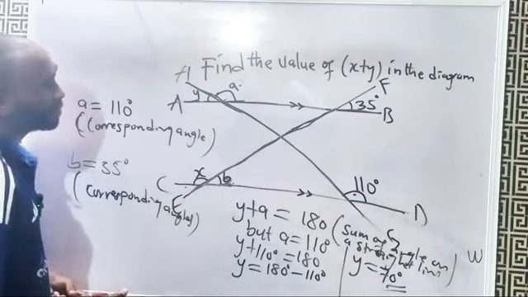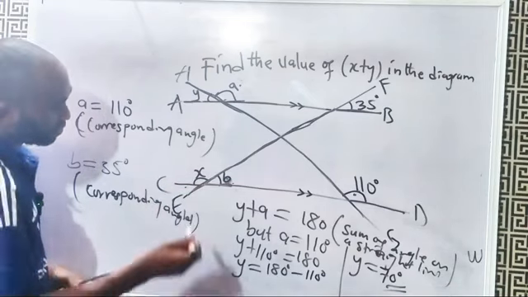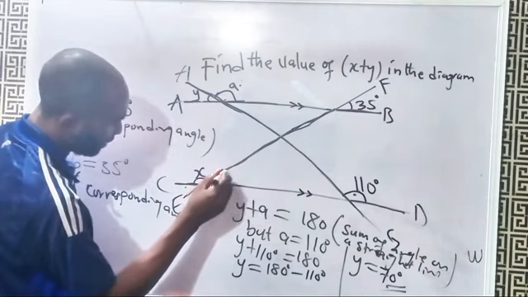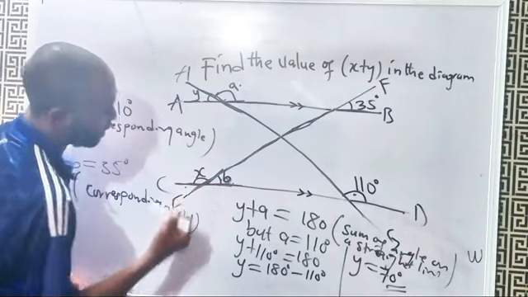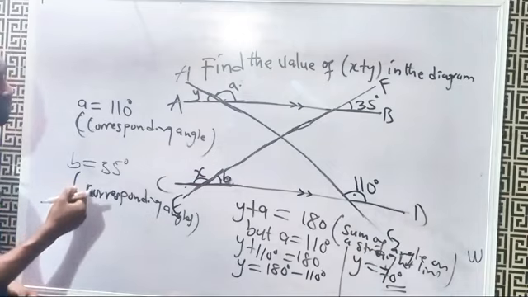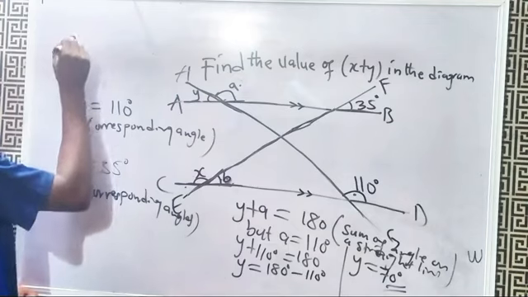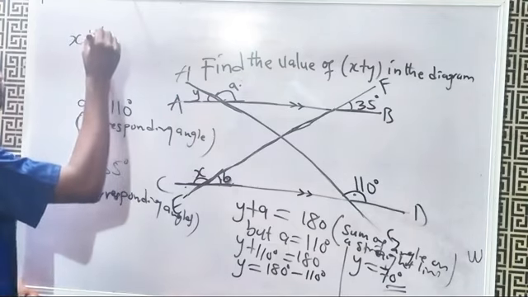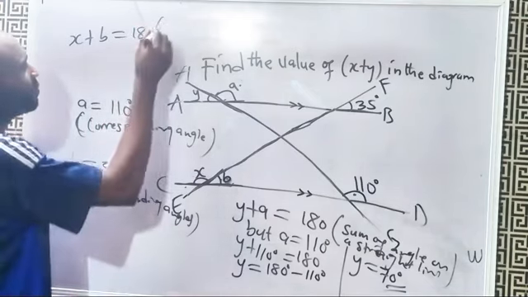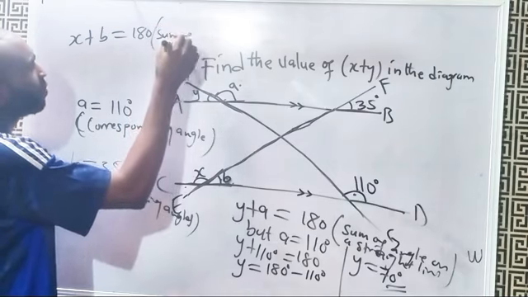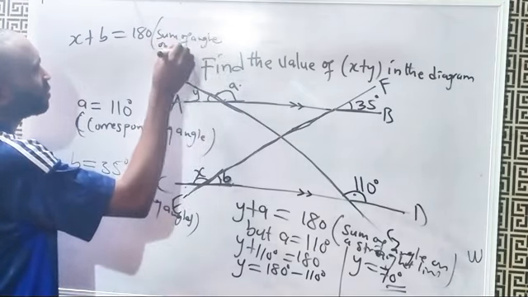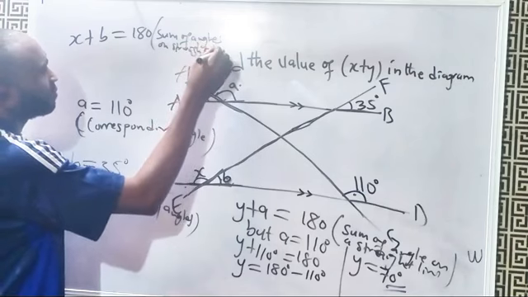Now to get the value of x, you use the same principle, the sum of angles on a straight line, because this is a straight line, right? You have something like this dividing here. So the sum of b and x will give you 180. So x plus b is equal to 180. The reason is the sum of angles on a straight line.